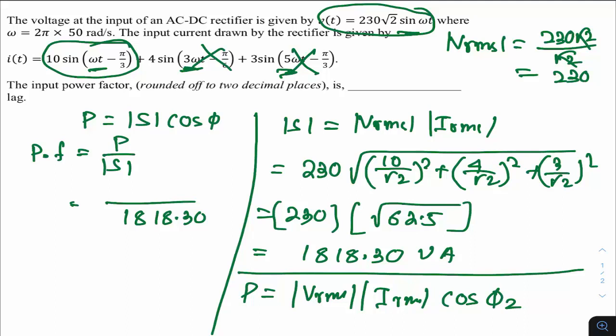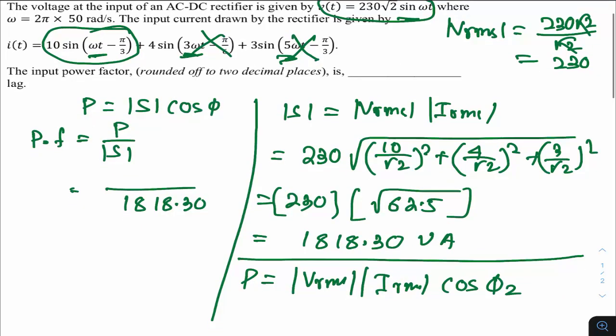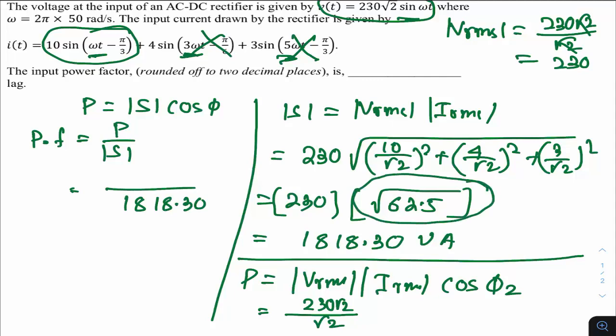So while substituting in this formula, magnitude of V RMS is 230 root 2 divided by root 2. And when I say I RMS, it is not the total I RMS. Don't think that this is the I RMS we have to substitute. No, the corresponding frequency component is 10 here, so I substitute its I RMS, 10 by root 2, into cos of phi Z. What is phi Z?